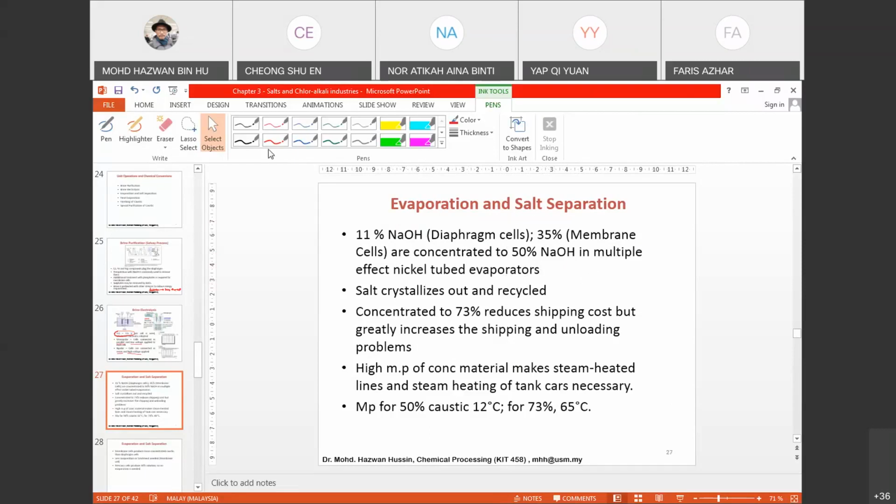I believe I have explained slightly that when you have the solution, a mixture of probably 11 to 30% sodium hydroxide, this normally will be pumped, and then it will go into a heater.